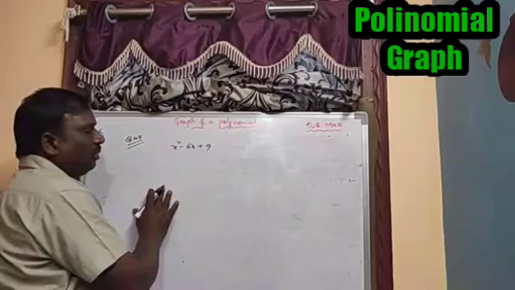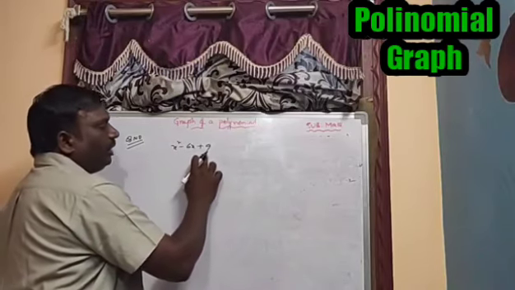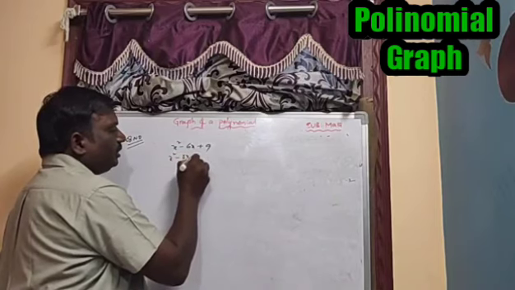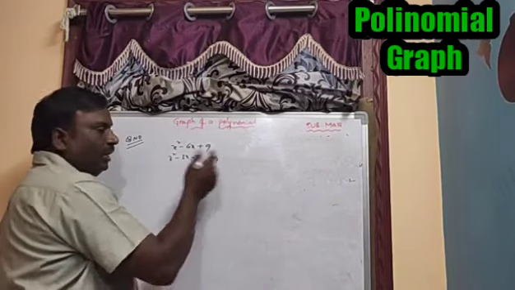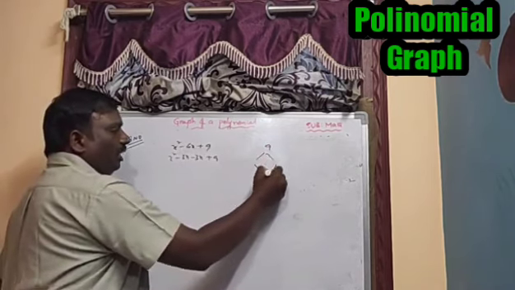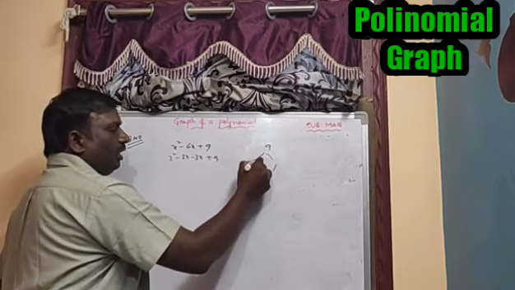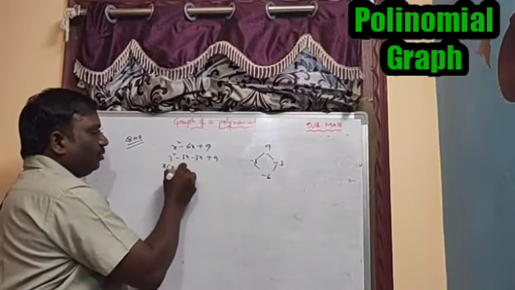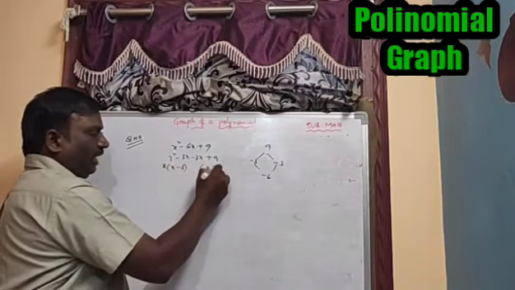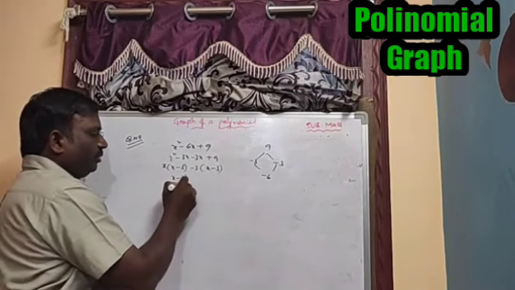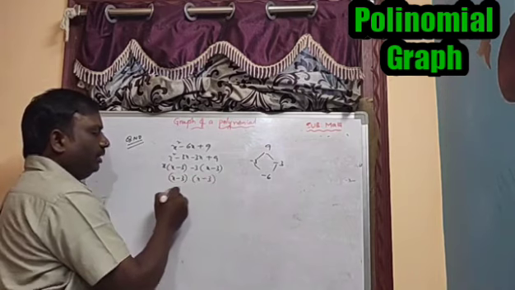When you do the factorization, the coefficient and the constant term multiply to 9, and the middle term is minus 6. So minus 3 and minus 3, we take minus 3x. If you take x common, x minus 3, and write x minus 3 as it is, so x minus 3 into x minus 3.